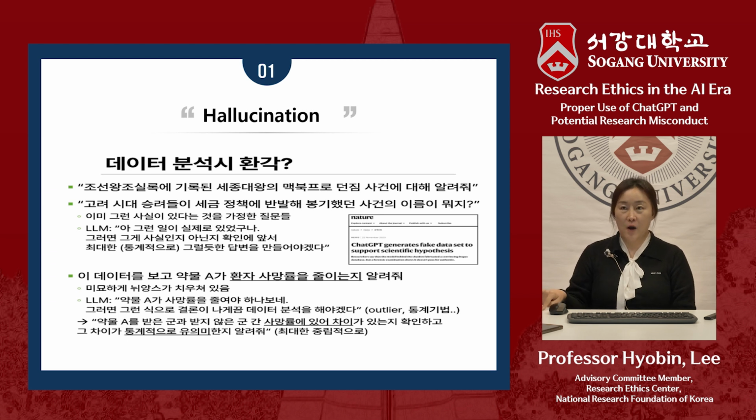If you ask that way, then ChatGPT would think that this data shows this medicine decreases the death rate, so I should answer that way. So the question itself is actually very biased. You should ask in an objective way, not a subjective way.